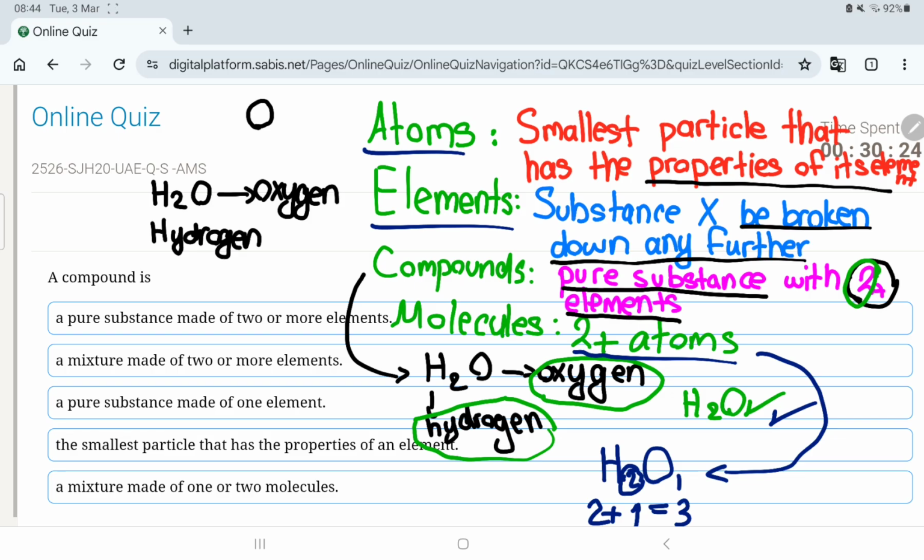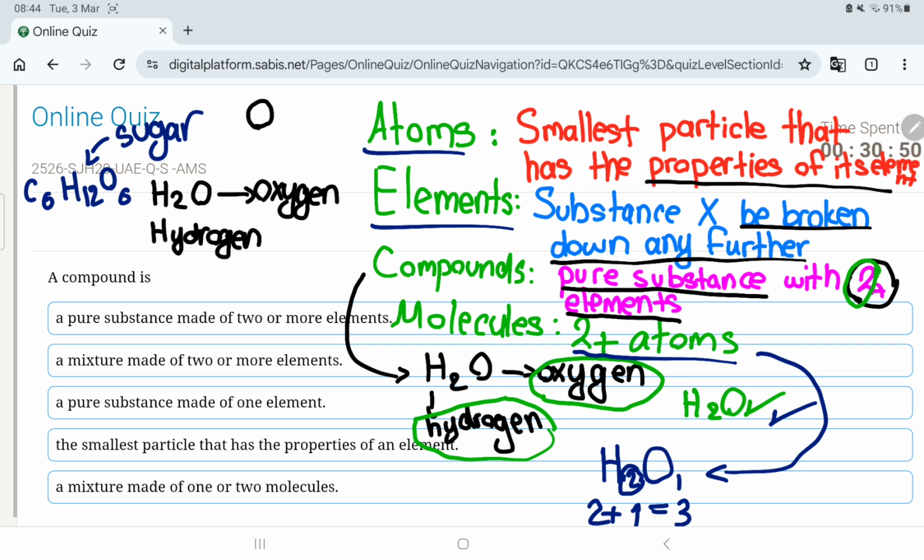But how I would think of it, a compound is made of 2 or more elements. So let's say I have sugar. How would I want to look at it? If I ask myself, is sugar a compound? A compound, we know it's made of 2 or more elements.